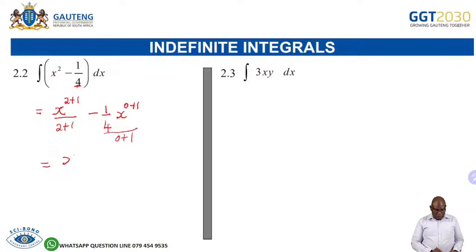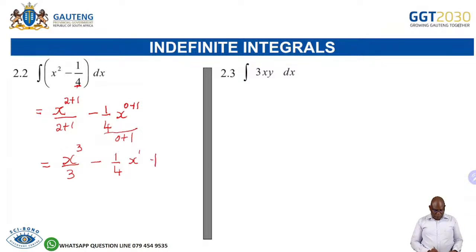So that will give me x to the power of 3 all over 3 minus 1 over 4, x 0 plus 1 is 1 over 1, so I don't need to write 1 over 4 over 1, so I can leave my answer like that.